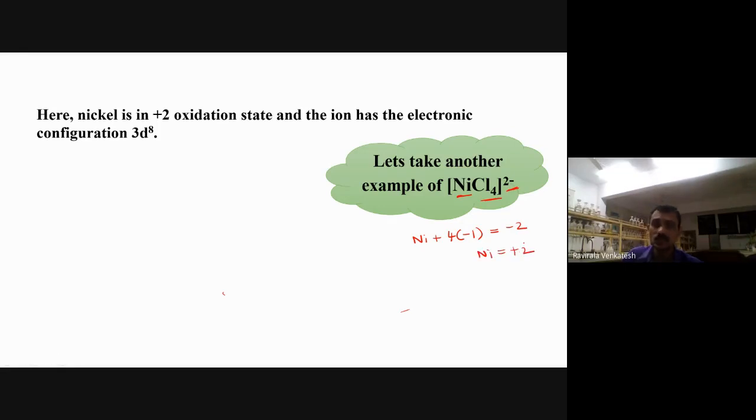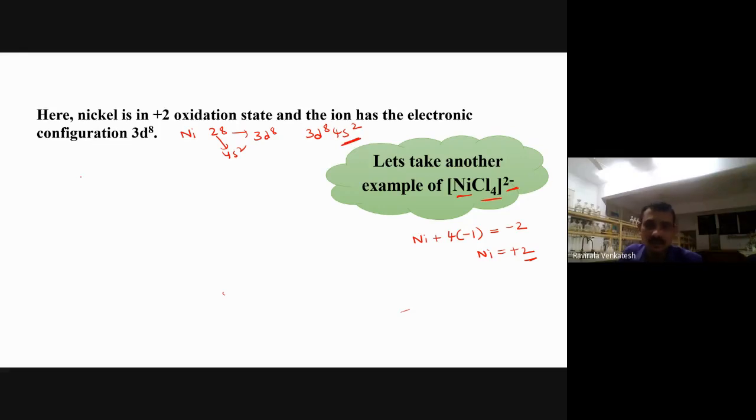In examination, they don't give the charge. You have to calculate that one. So nickel is +2. First of all, we'll take the nickel configuration. Atomic number 28, so this will be 4s2 and 3d8. So 3d8 4s2 is the configuration for nickel. Now nickel +2 means you have to remove from the 4s orbital.